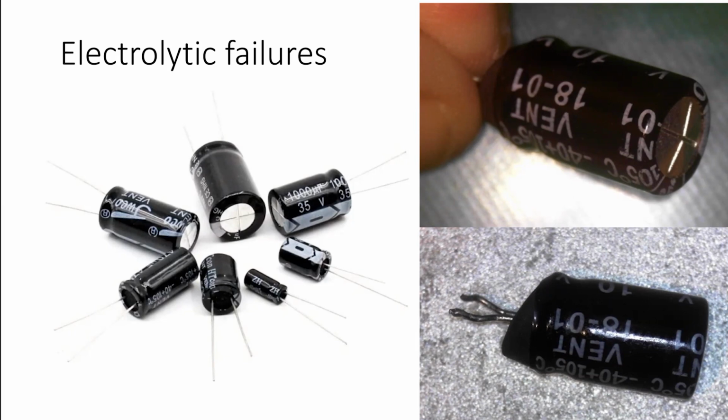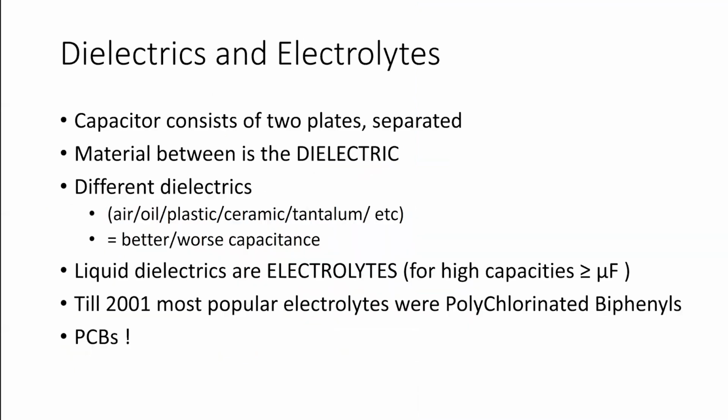Now, I was going to do a great detailed history, starting with Leyden jars and all this good stuff about capacitors at this point, but life's too short and brutal, so we're going to cut to the chase here. A capacitor consists of two plates, metal, separated by something. The stuff in between is called the dielectric. There's different dielectrics. You get air, you get oil, you get plastic, you get ceramic, you get paper, you get all manner of stuff.